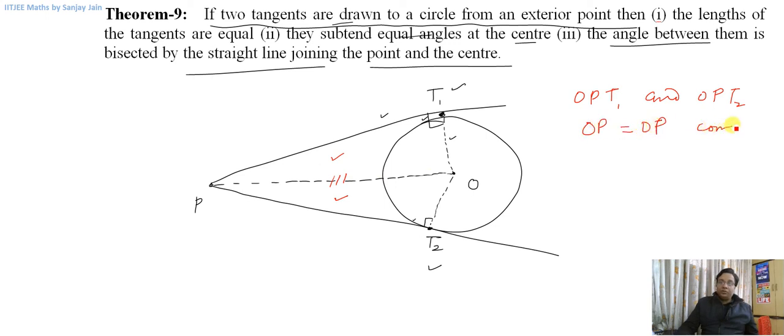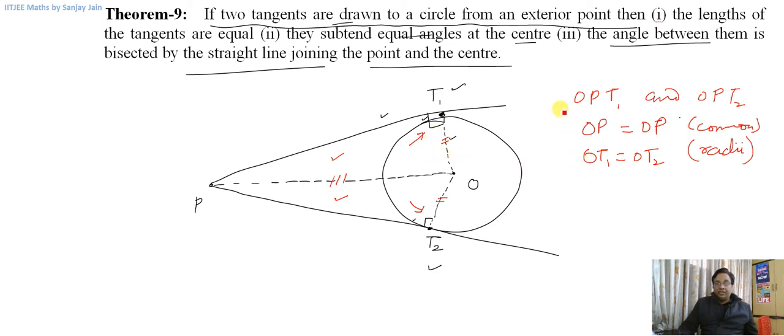OP is common to both the triangles, and OT1 is equal to OT2. You tell me the reason. OT1 is equal to OT2 because these are radii of the same circle, and this angle and this angle are equal, right? Because both are right angles.